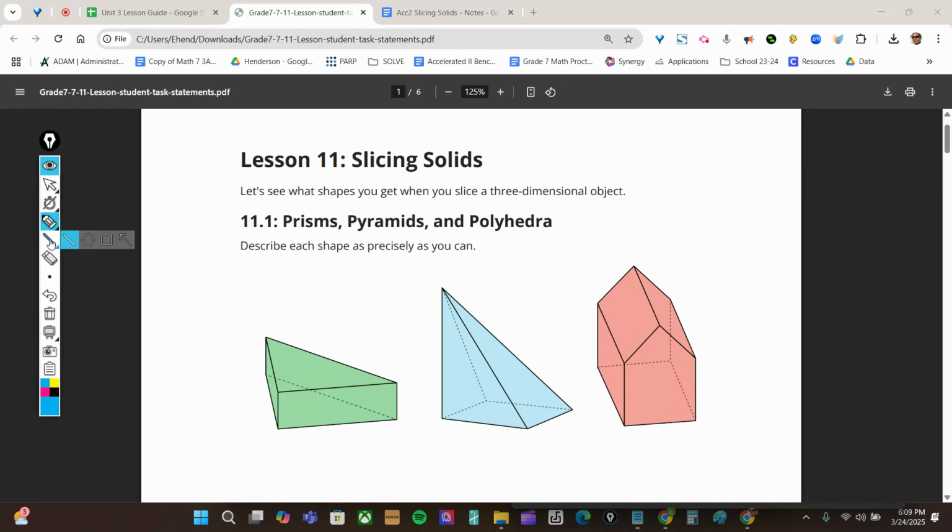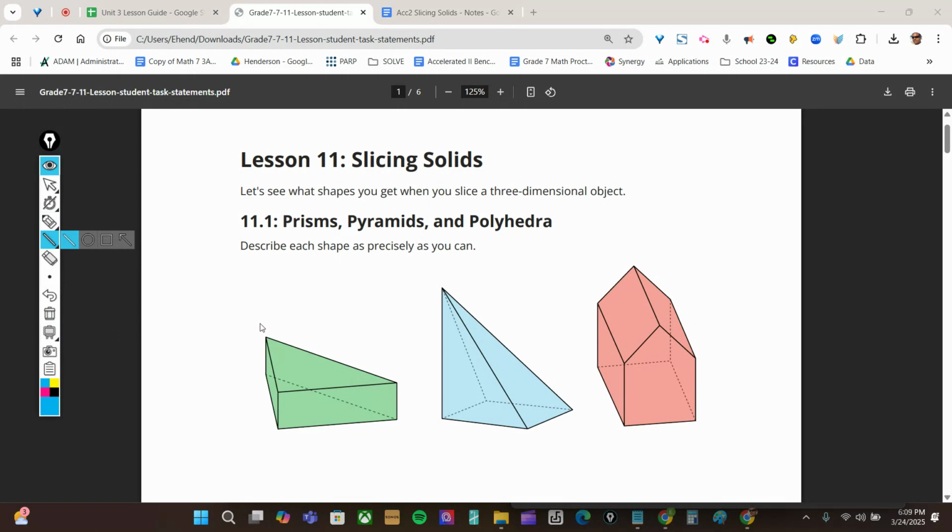And then if you were to think about slicing these shapes, so if you cut this shape like two pieces of bread, so you sliced it that way, then you would have two triangle shaped pieces. It would look like this. You've got to use your imagination with this, so it's a little bit tricky to describe.